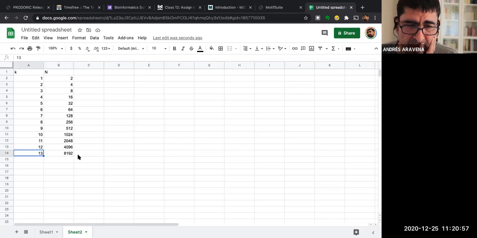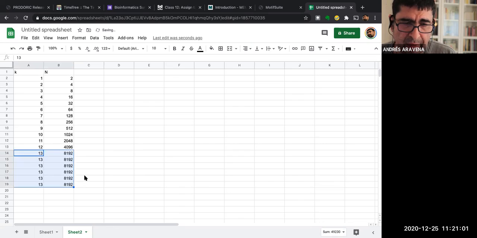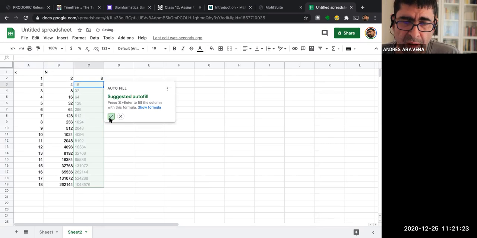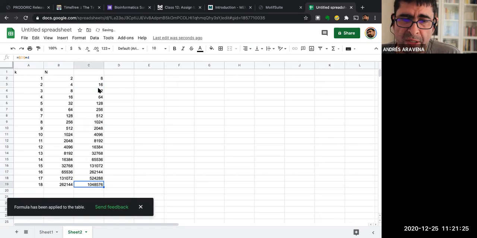Okay, then you need some memory for counting these things. So you say this is, let's say, four bytes for each one of these. Yes. So how much memory do you need?